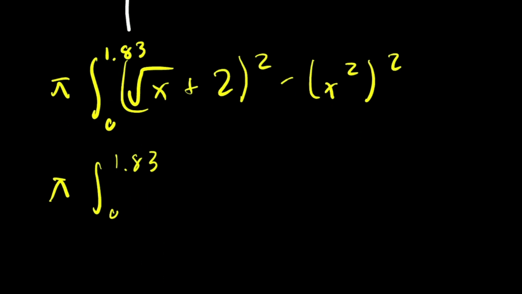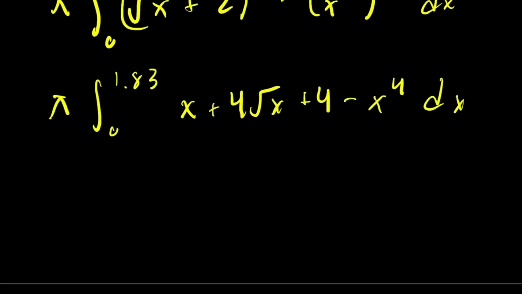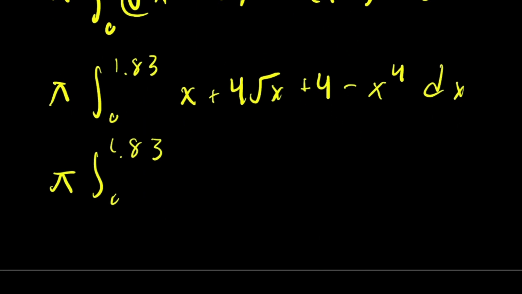Root x plus 2 squared. Let's see, square the first, double the product, square the last, minus x to the fourth, dx. So pi times the integral from 0 to 1.83 of, oh, I guess we can't combine any like terms. Man, this is a really ugly one, but we'll still do it.